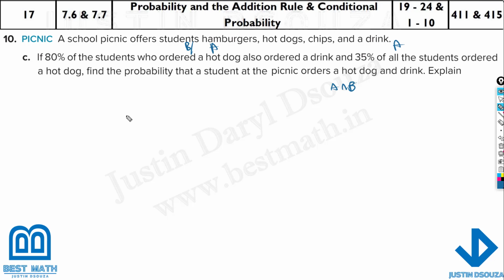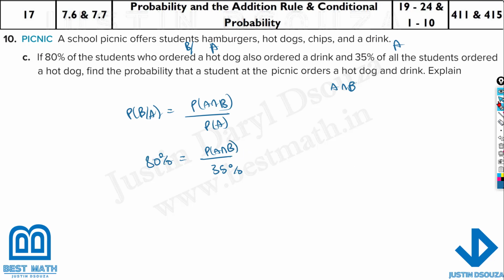Okay. Let us write probability of B condition A is equal to probability of A intersection B divided by probability of A. Now here, this is given as 80%. And the condition is only 35%. The above one, probability of A and B is required.